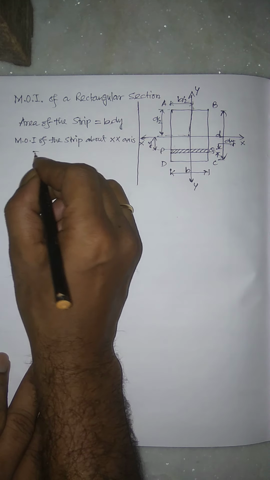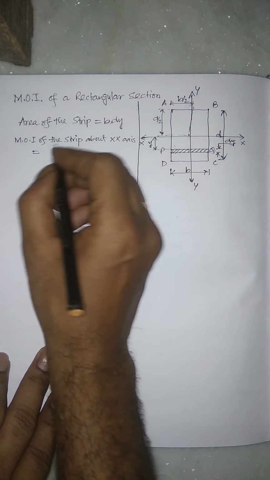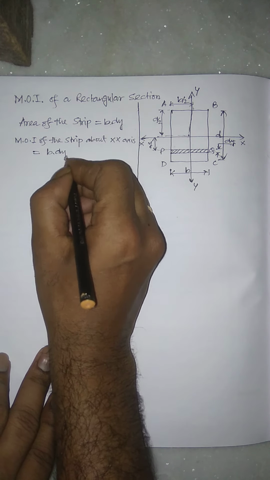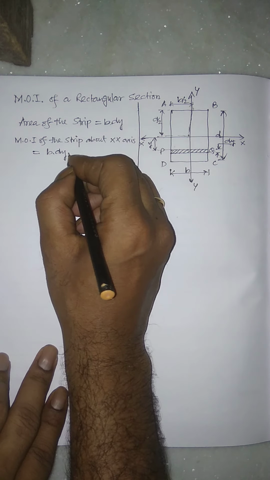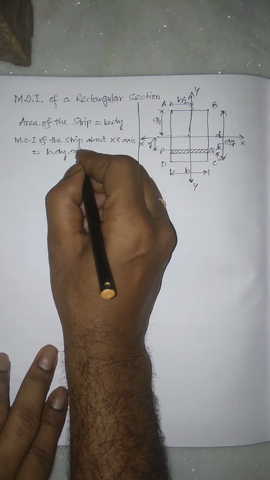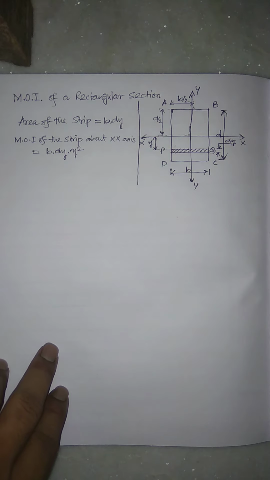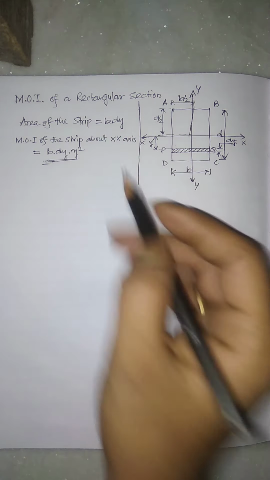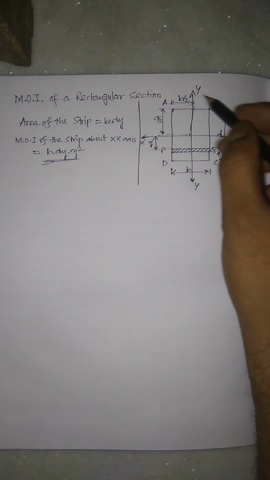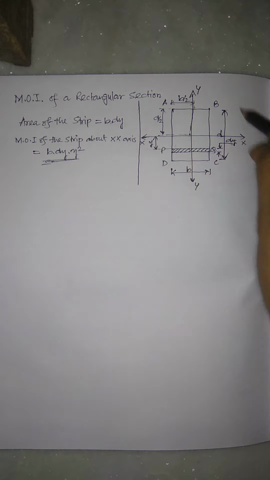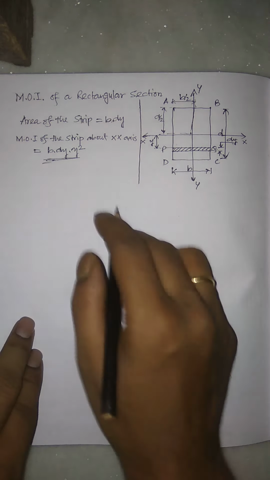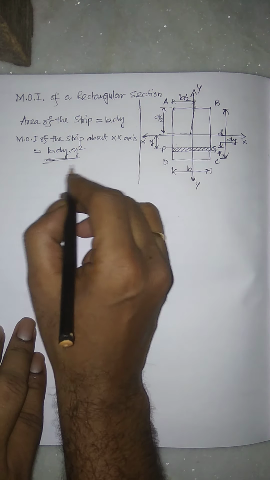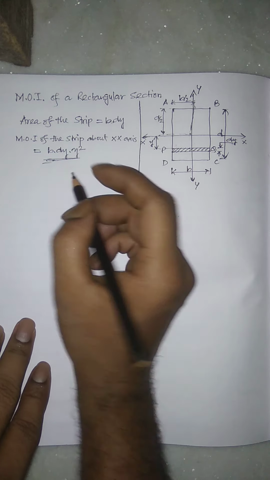That should be equal to area B dy and the distance y squared, so B y square dy. Now this is the moment of inertia of this strip only. We have to find out the moment of inertia of the whole area, so we have to integrate this quantity.